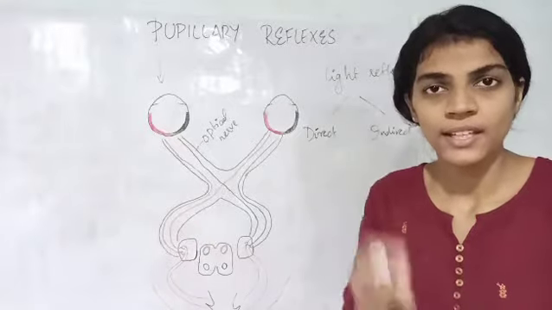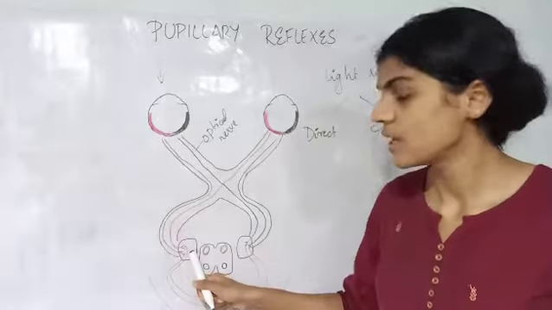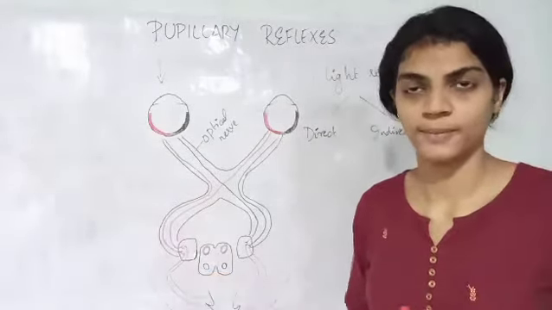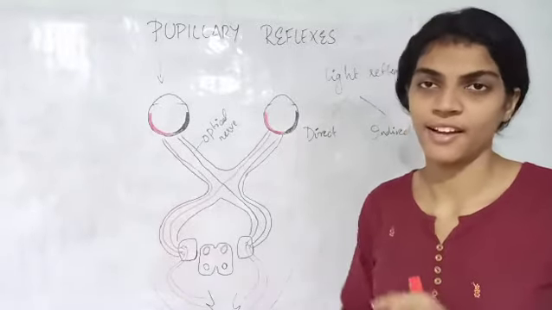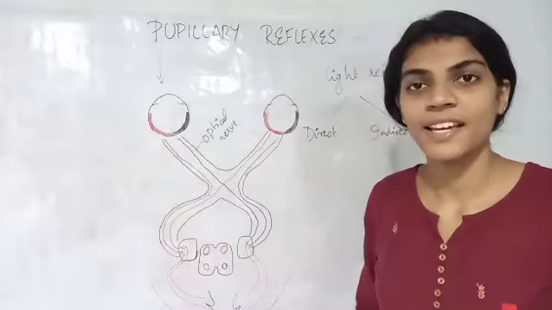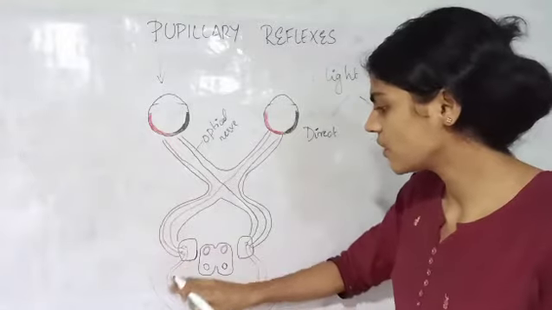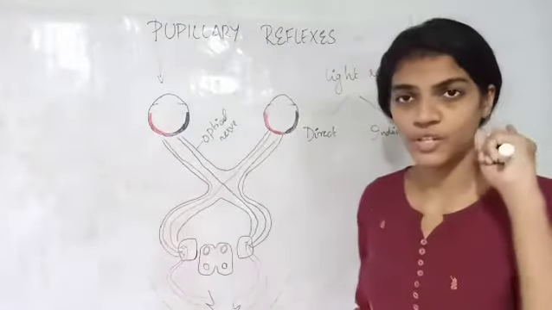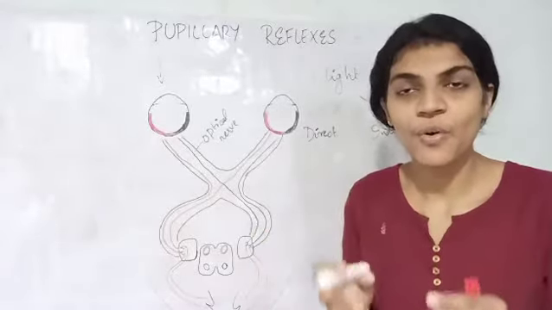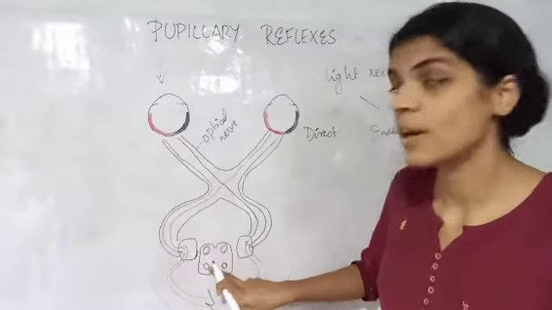These nerve fibers will come and synapse at a point known as the lateral geniculate body in the thalamus region. Now there is a little difference in the pathway of light reflex. Some nerve fibers go to the visual cortex of the occipital lobe, but the nerve fibers for the light reflex go to the midbrain.